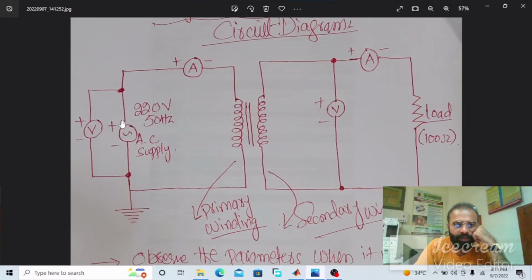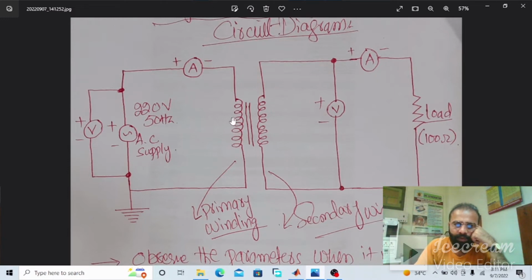This is the AC voltage source, and this is the ammeter which will give us the primary side current, and this voltmeter will give us the primary side voltage reading, and this is the secondary winding of the transformer. As I already mentioned, the winding which is connected with the source side is called the primary winding, and the winding which is connected to the load side is called the secondary winding. So now this is the load.